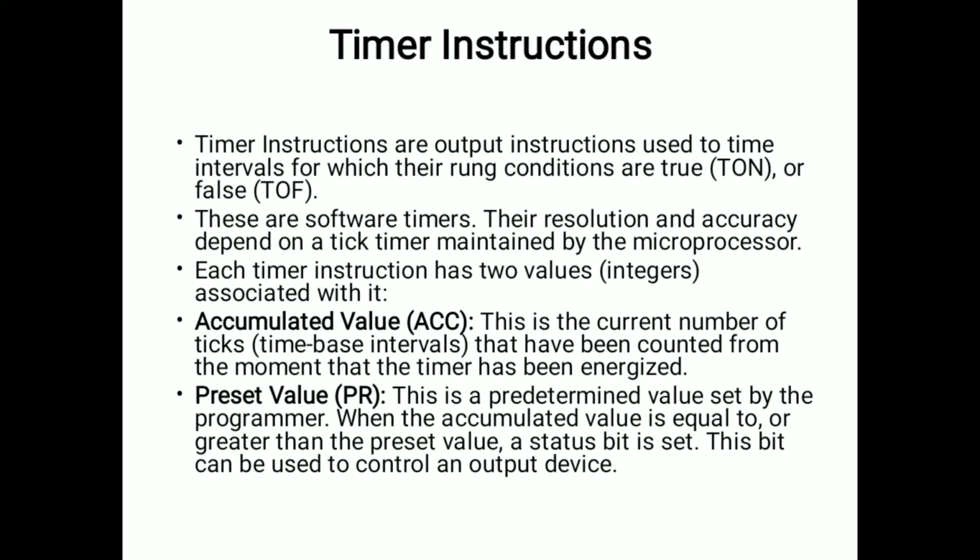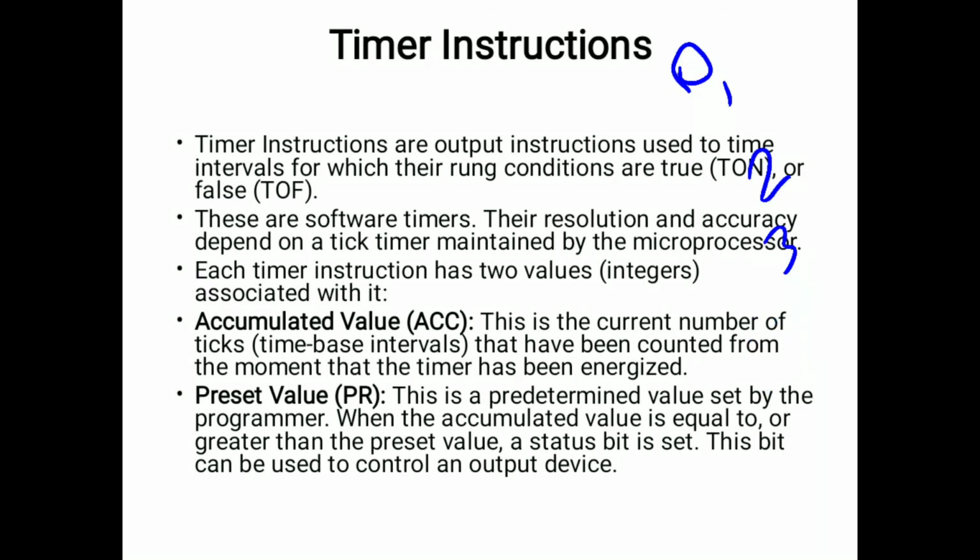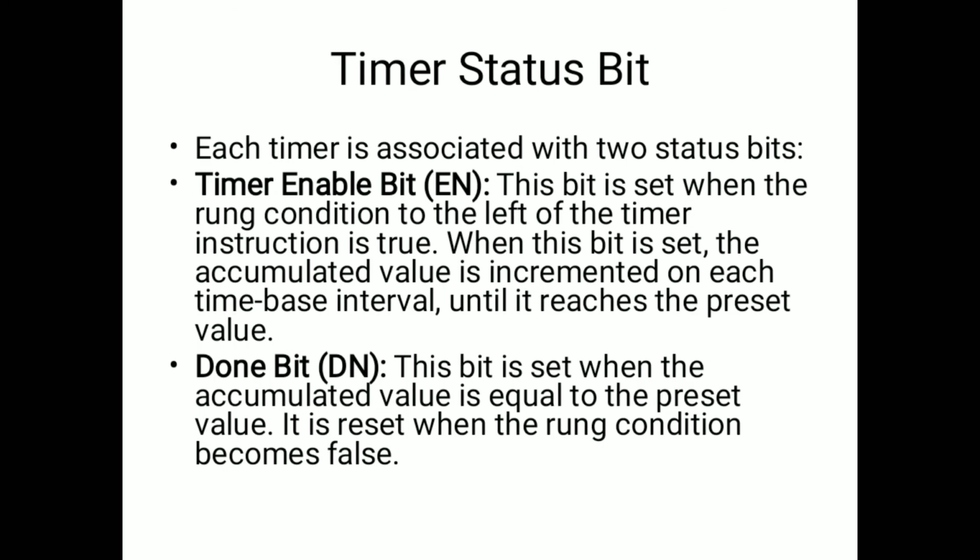The timer starts from 0 and goes 1, 2, 3, and we have set the preset value to 10. Then after 10, a status bit will be set, and then it will control the output device. In this way we use accumulated and preset value.